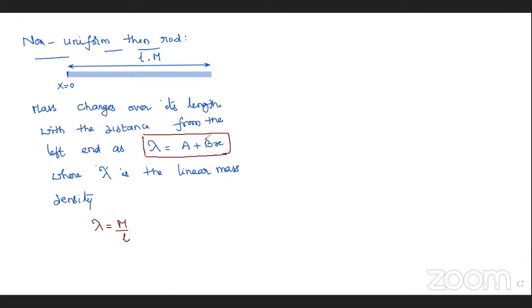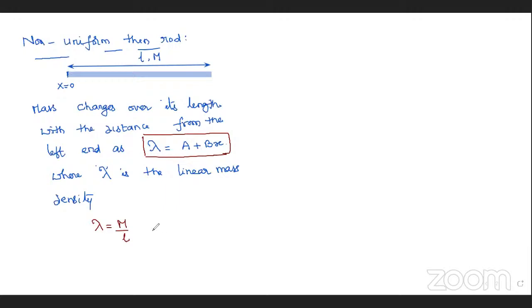In this formula, A and B are constants. x is the distance measured from the left end. Then you may come to know an unknown term here, that is lambda. Who is this lambda? It is linear mass density, which is defined as mass per unit length. Now you understood?